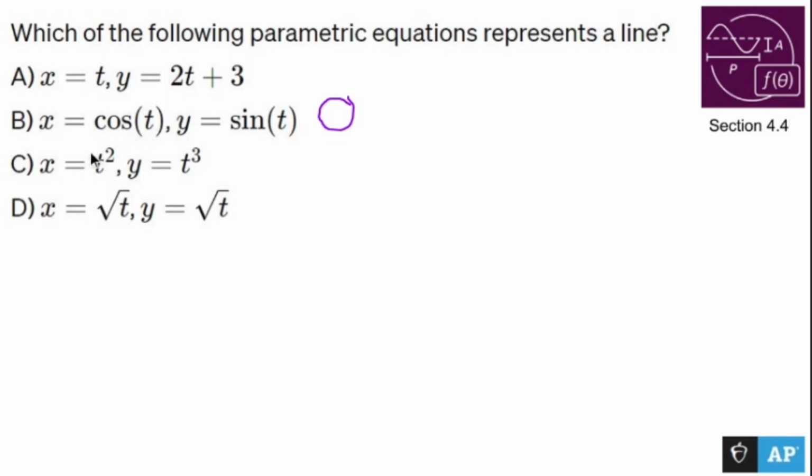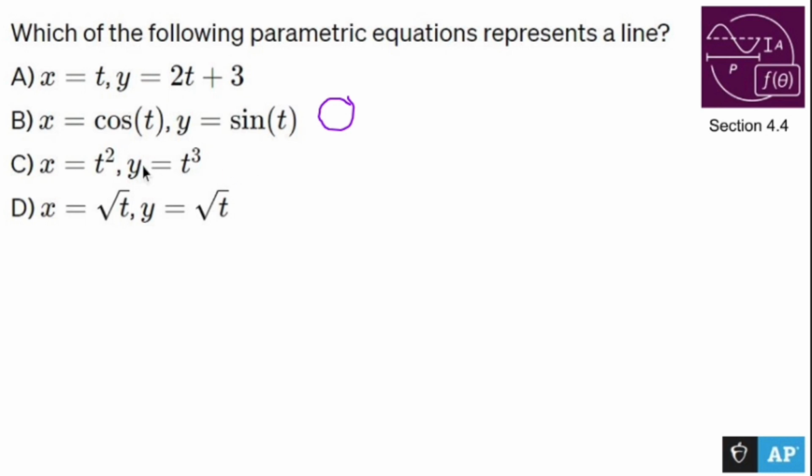For C, if I were to pick 0, I'd get 0, 0. Easy. If I were to pick 1, I'd get 1, 1. That looks pretty linear so far. But once I start picking 2, x grows, but y grows a little bit faster. I start out with 0, 0, and then 1, 1. But when I pick 2 for t, I get 4, and then 8.